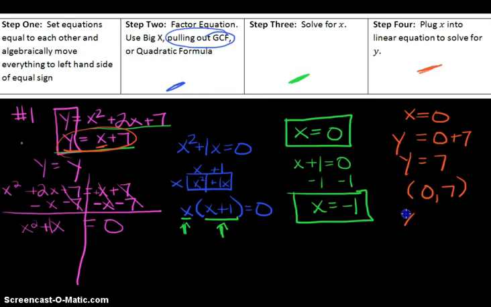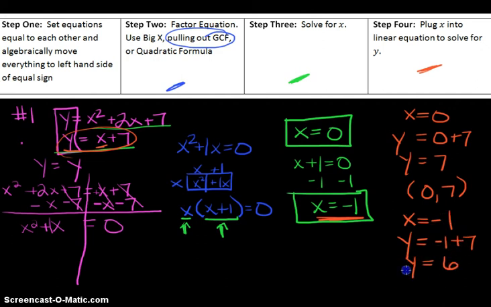Now I'm going to do x equals -1, which is my second x value for my second intersection point, and I'm going to plug that again into my linear equation. So it's y equals x, which is -1, plus 7, so y equals a positive 6.